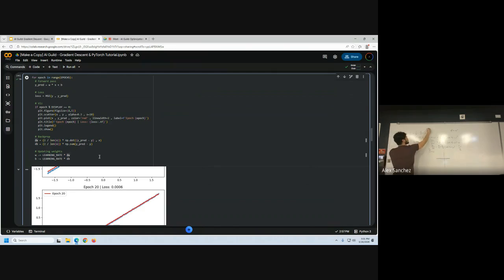Here we're making this equal to t. So if we visualize our loss function, it is this quadratic representation, right? This is a y equals x squared graph.